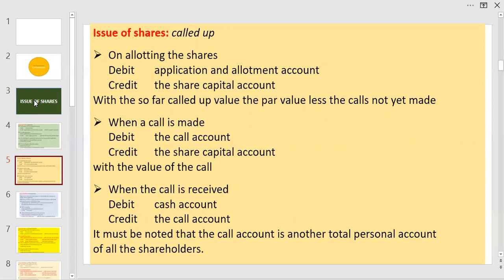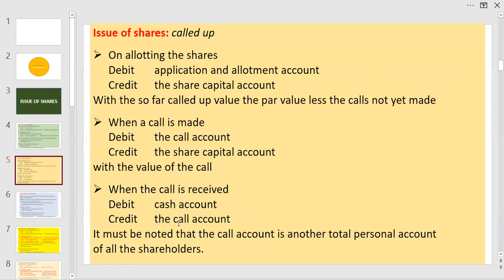In a document called prospectus, the terms of issue will be detailed, maybe such as application 2, allotment 3, first call 3, final call 2, dividing the $10 share. Please look at the second and third journal entry. When a call is made, debit the call account, credit the share capital account. When the call is received, debit cash account, credit the call account.